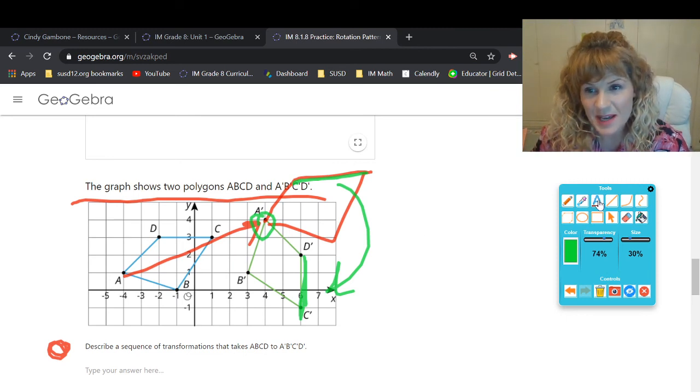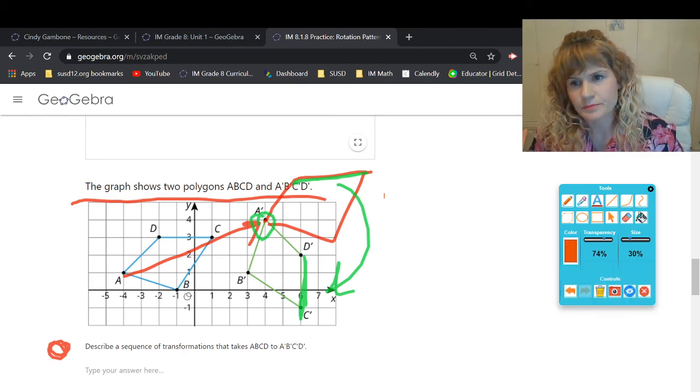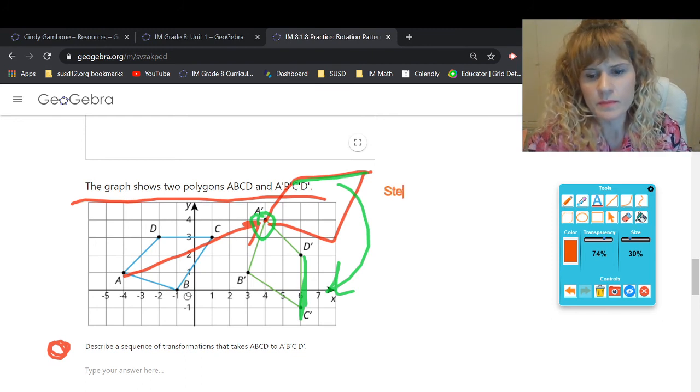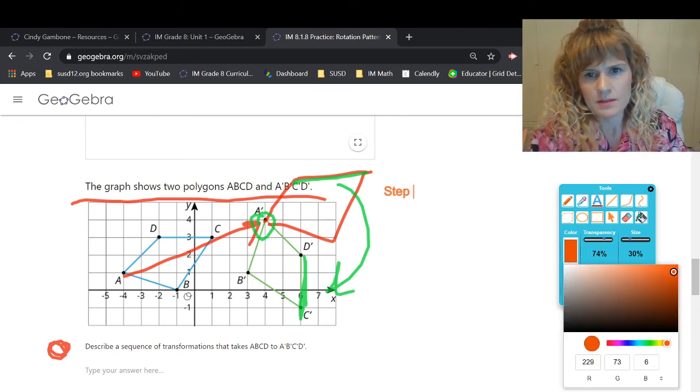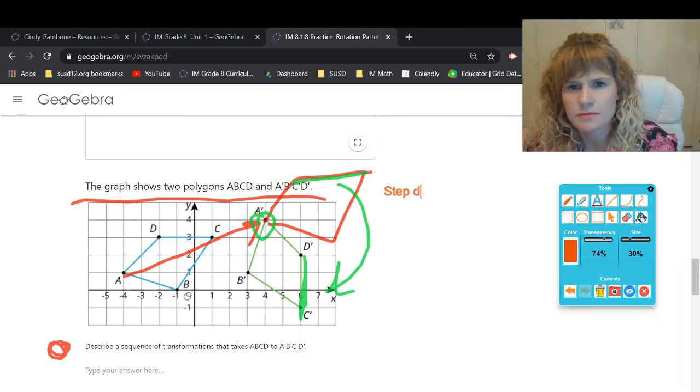Did you see those steps? Let me type it in. Okay, step 1. Step 1 is, uh-oh, my typer just stopped. Hold on. There we go.